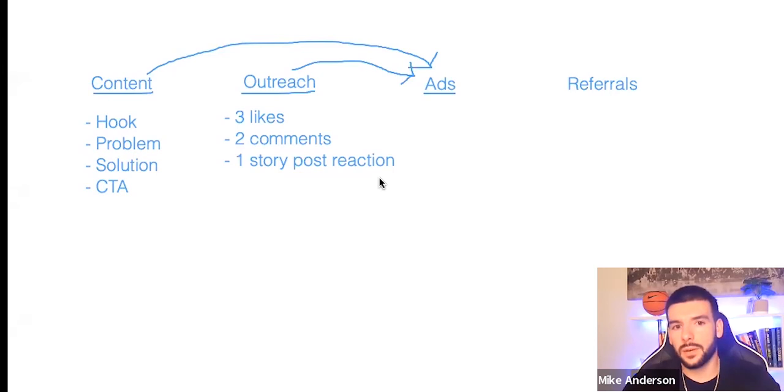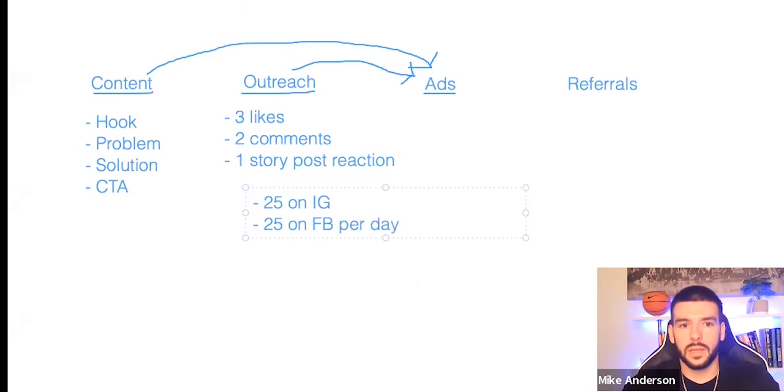And if you send out 25 messages per day on Instagram and Facebook, let's look at the math right now. So 25 on IG, 25 on FB, and we'll do per day, right?